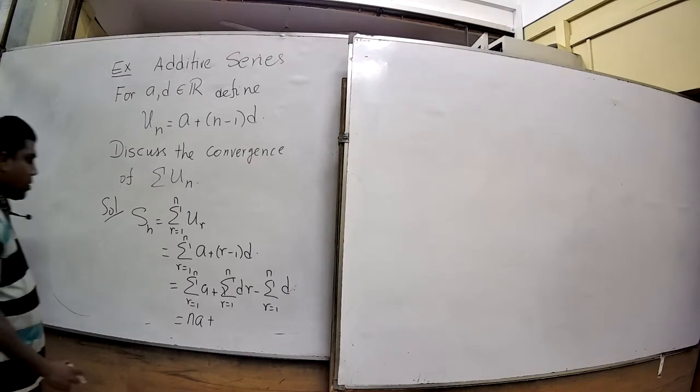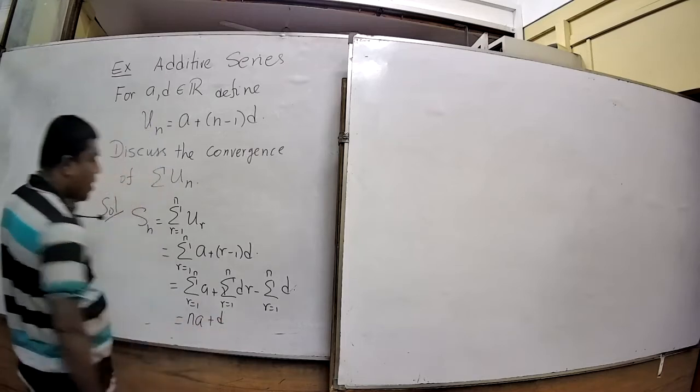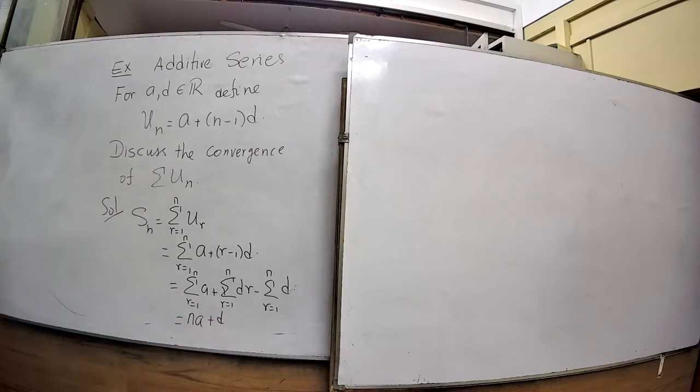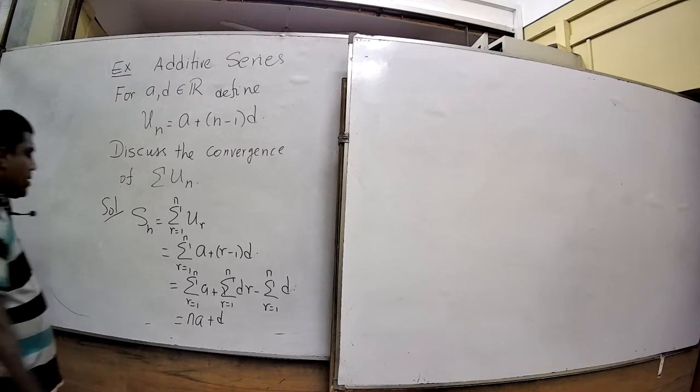And you know how to add these terms together. It's n into n minus 1 over 2, right? So you can add these terms.